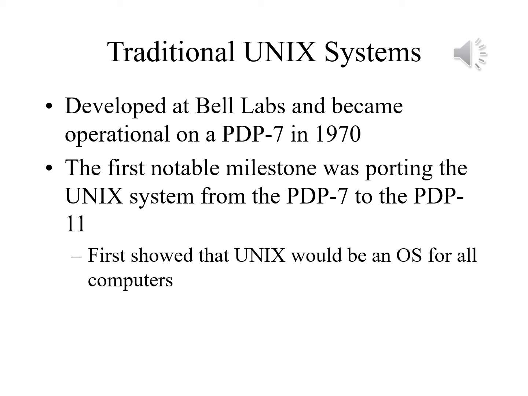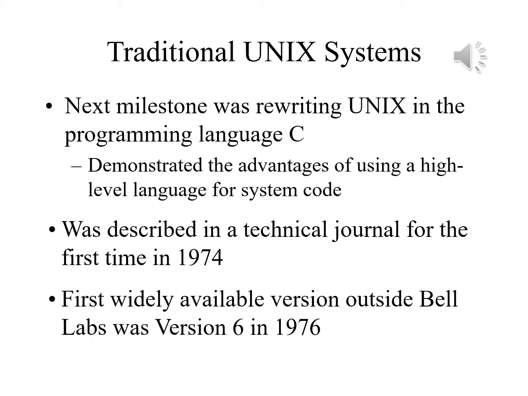Processor and bus speeds were relatively slow, so saving clock cycles could make a substantial difference in execution time. The C implementation demonstrated the advantages of using a high-level language for most, if not all, of the system code. Today, virtually all UNIX implementations are written in C.